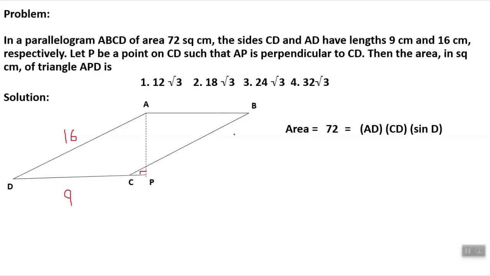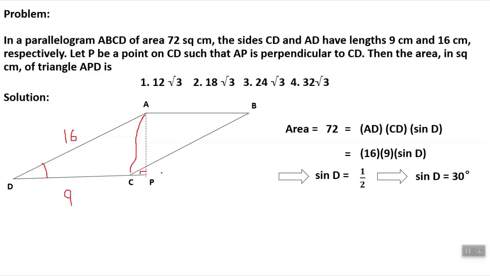But the height could be written as AD sine of this angle D. This is very similar to the triangle formula where we say area of a triangle is 1/2 AB sine C. If we use this, and remember that a parallelogram is nothing but two congruent triangles, then we know that the area of a parallelogram would be AD times CD times sine of angle D. So 72 is this, the two lengths are known, and therefore we find the sine of angle D is 1/2, which means D is 30 degrees.